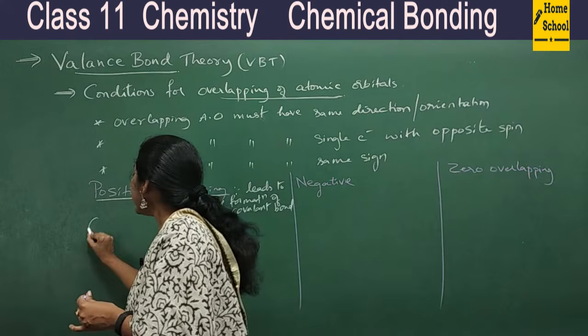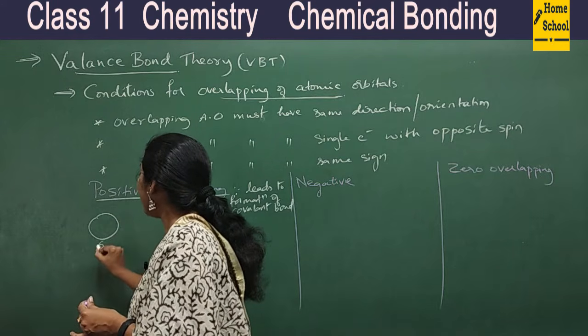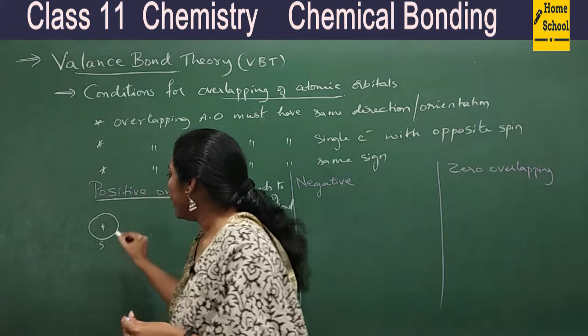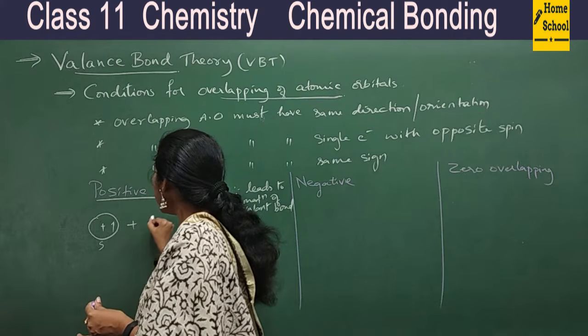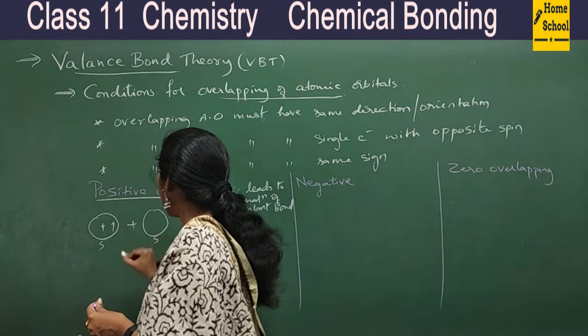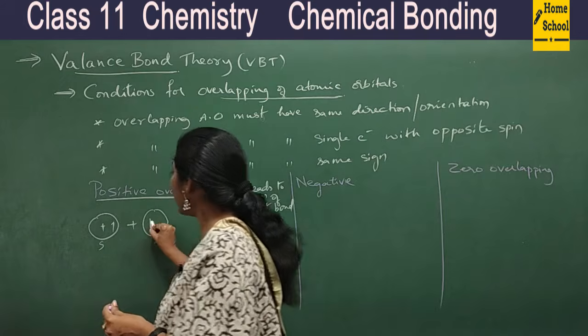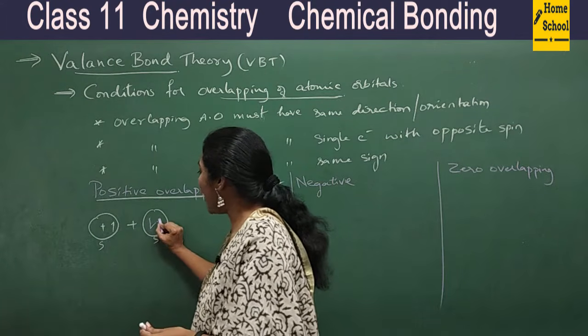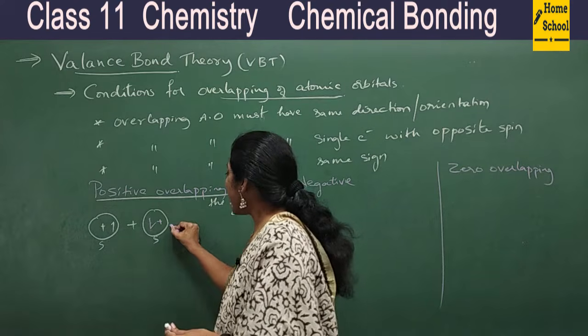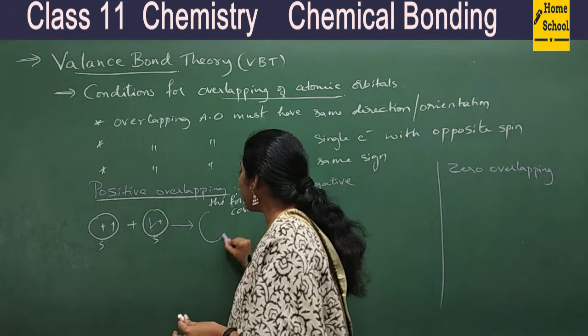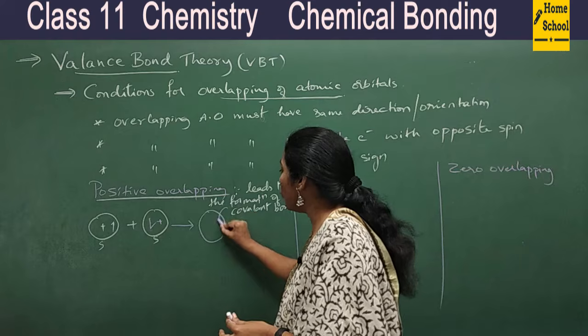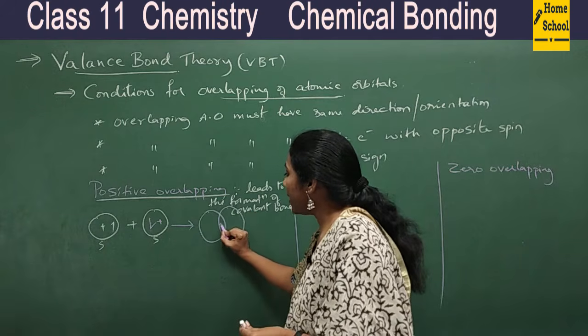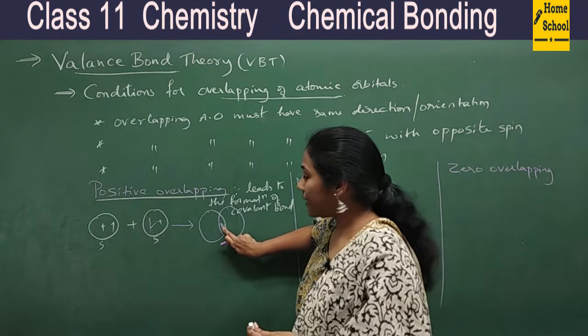See here, this is our s orbital, right? Having a plus sign with one electron. This is another s orbital with one electron. See, this electron has opposite spin and also has a plus sign. Such an overlapping is called positive overlapping. So they can overlap like this and the shared pair of electrons is present in this area.